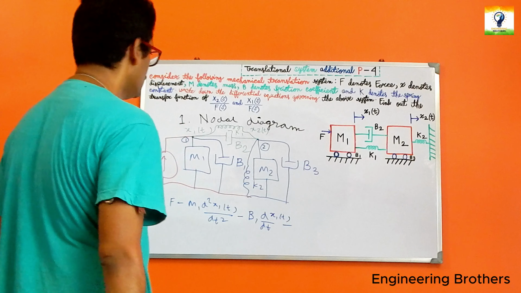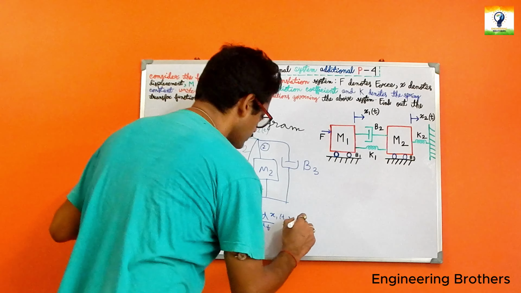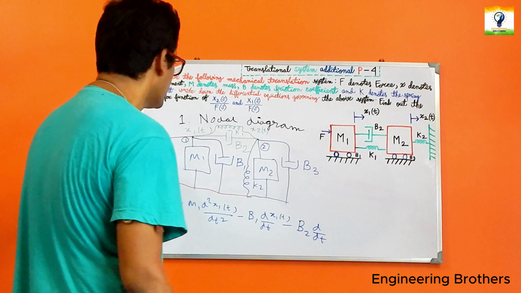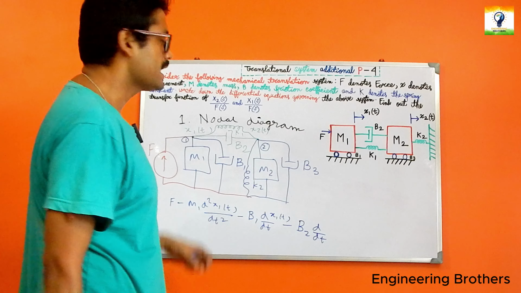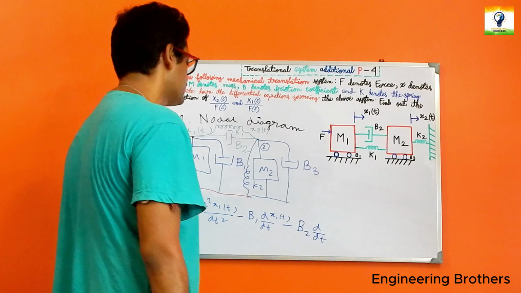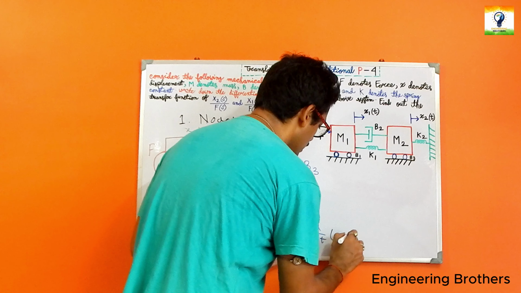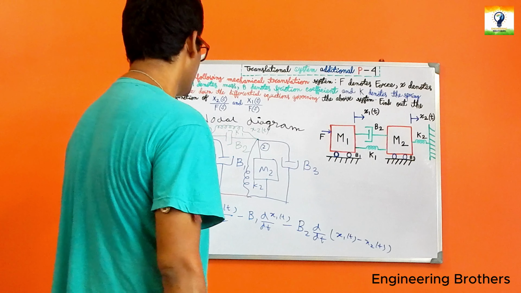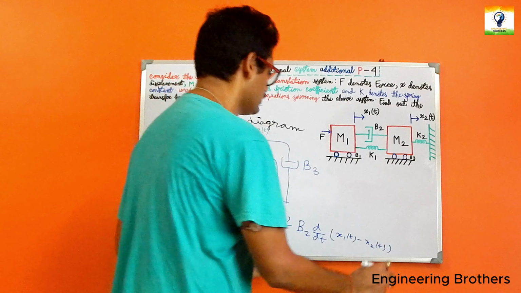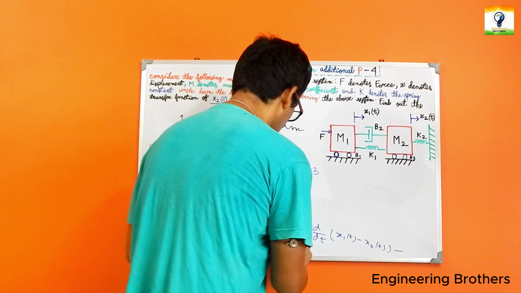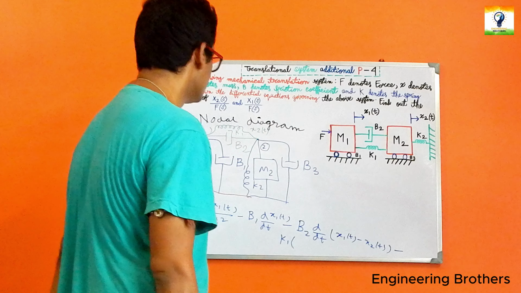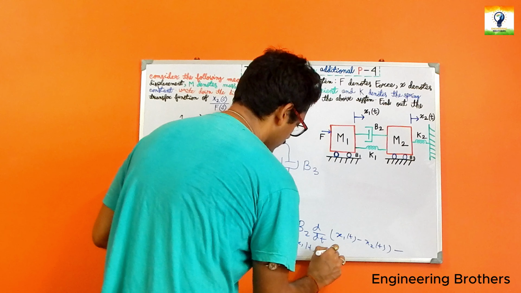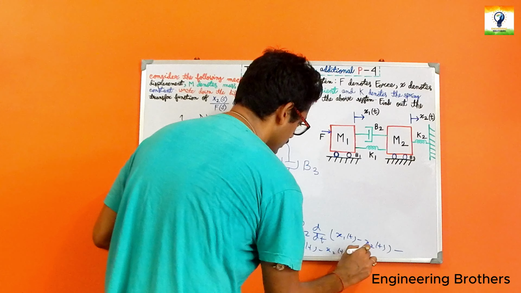So for that, we can say minus b2 d/dt of (x1(t) minus x2(t)), as we are taking 1 as our reference node, which is d/dt of x1(t) minus x2(t). And for the last part, we have k1, which is minus k1 multiplied by (x1(t) minus x2(t)), and that becomes 0.